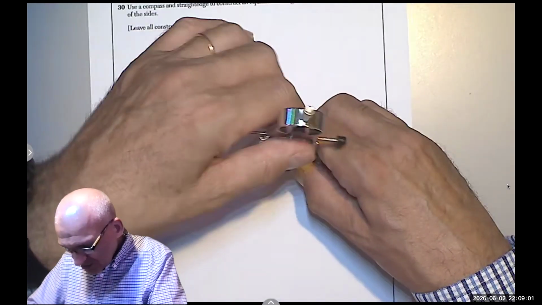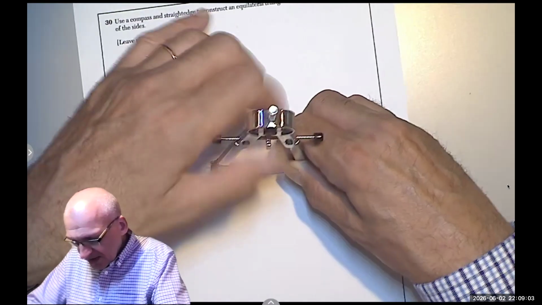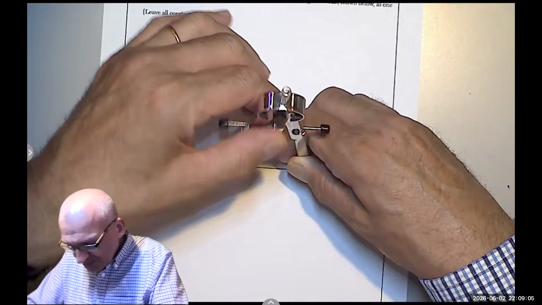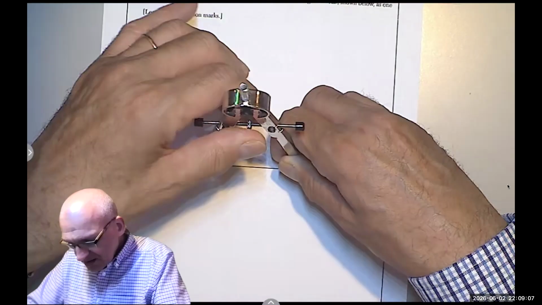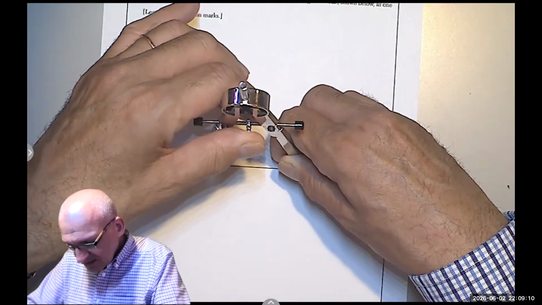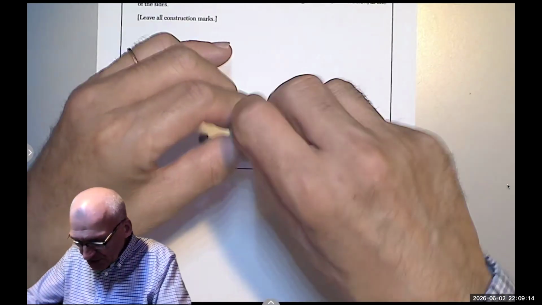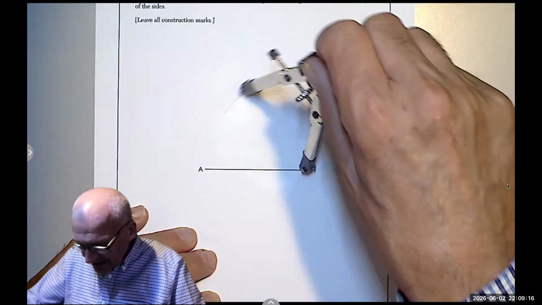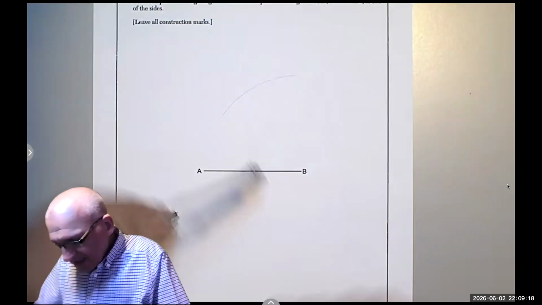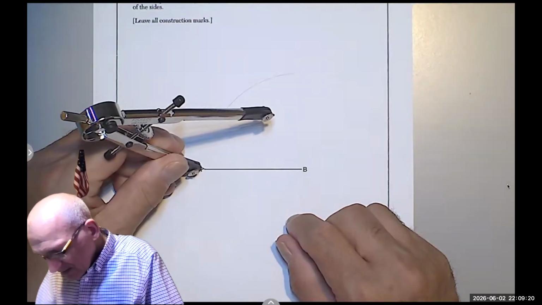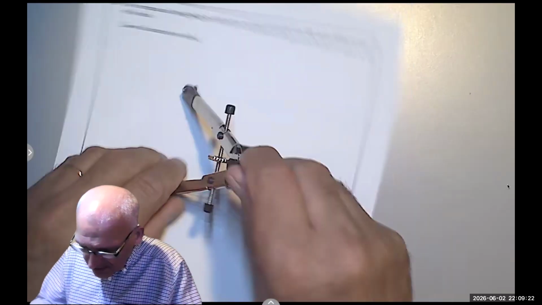To open that until I go to A, I would need a sharper pencil, that would be better. I think this is good enough. So we are going to take an arc like that and then go to A and draw another arc.